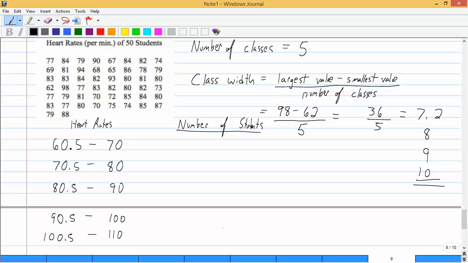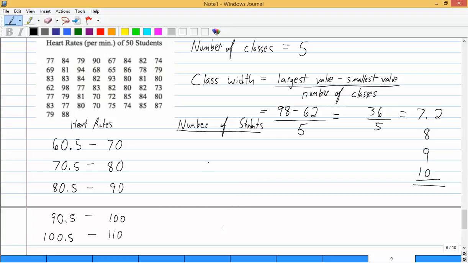What I would do, if you're constructing your own frequency distribution, is first tally maybe with slash marks, and you'll see what I'm talking about in just a second. And then I would go back in and write the number or the percentage or whatever. So here's what I would do. I'm going to go through each piece of data and put a tally mark in each class if it belongs to that class.